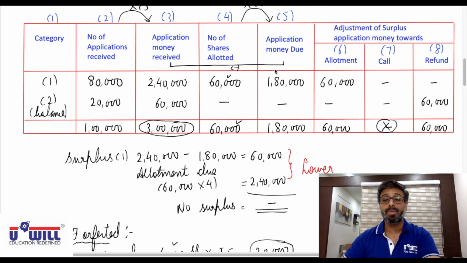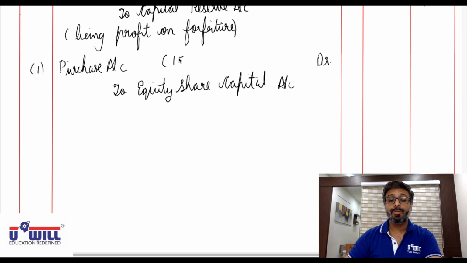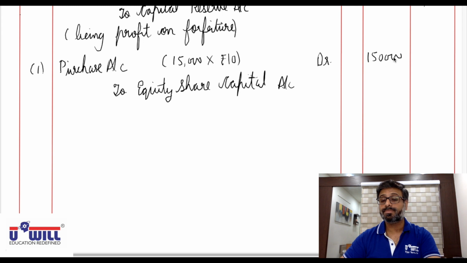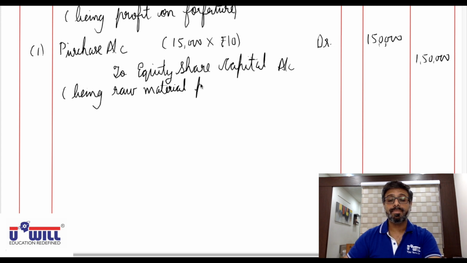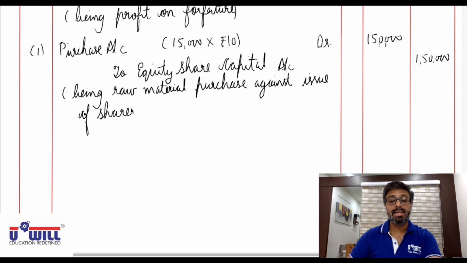So 15,000 into 10 rupees, 1,50,000. Being raw materials purchased against issue of shares.